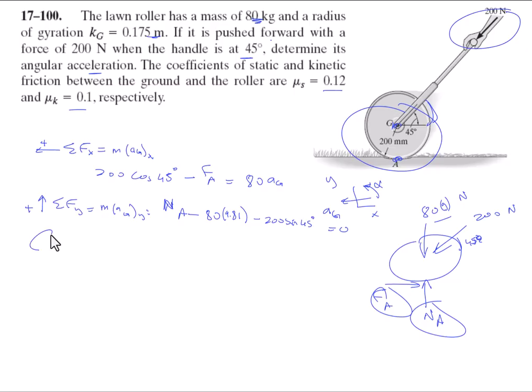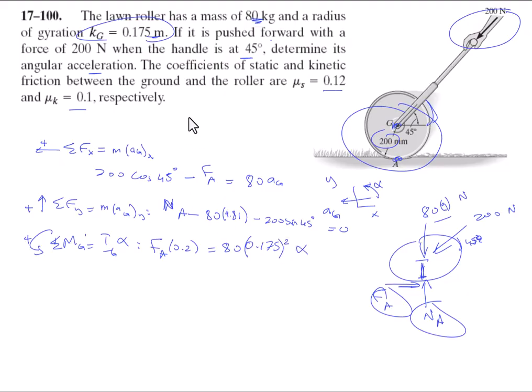Lastly, we can sum the moments about the center of gravity, so this is the summation of moments about G, and these are equal to the moment of inertia times alpha. So I have force A, friction force, with this radius of 0.2 meters in this positive direction, equal to 80 times 0.175, I'm given 0.175 with the radius of gyration, squared, times alpha.